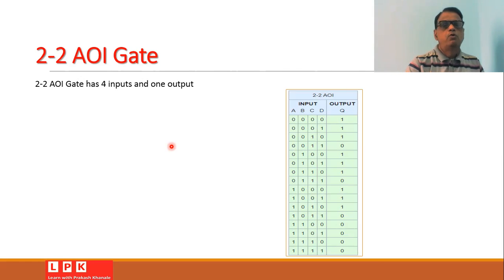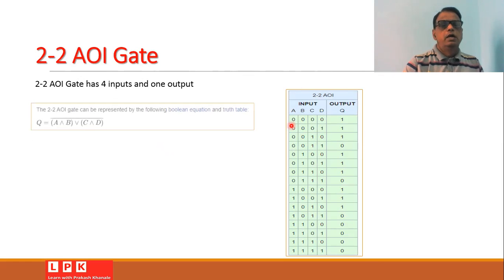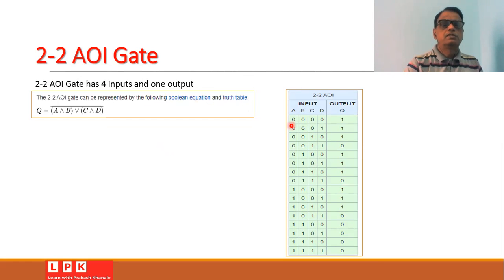So this 2-2 AOI gate will have 4 inputs and only 1 output. This can be a truth table for the 2-2 AOI gate, and the logic expression for this gate is Q is equal to A and B or C and D, and the complement of the whole.